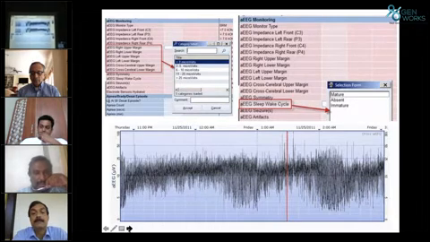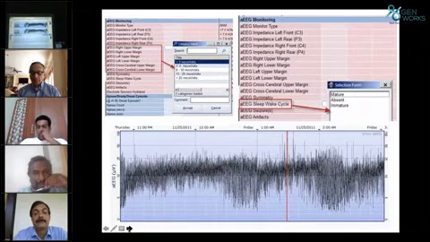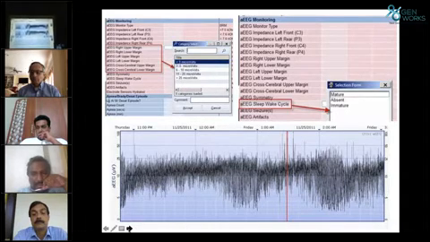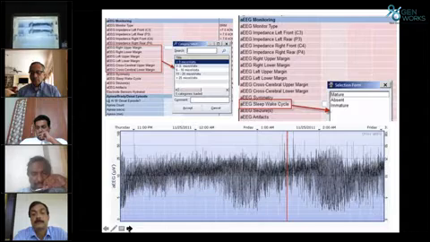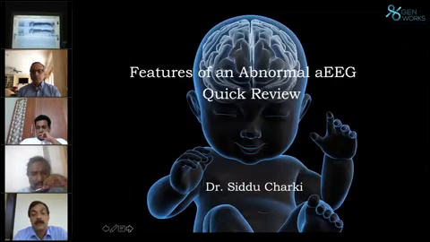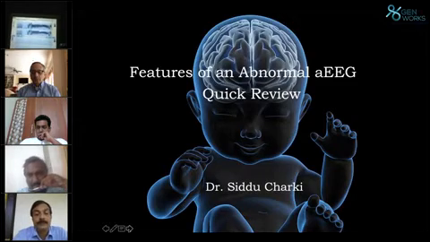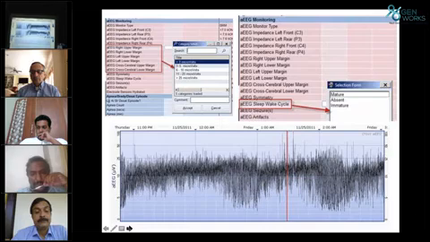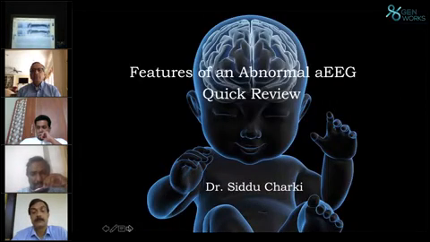What is the lower margin in microvolts, like 5 to 10, or 10 to 25, or more than 25. And whether there is a sleep wake cycle, whether it is mature, absent, or immature, this should be noted. Here you can see beautifully the continuous voltage, where the pattern is between 10 to 25, and there is a sleep wake cycle. Here you can see that in between there is a sleep wake cycle where the wave is broadened.